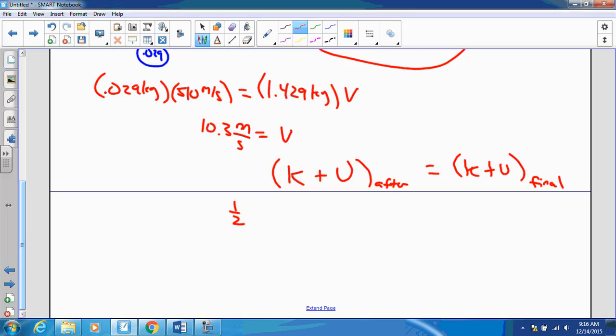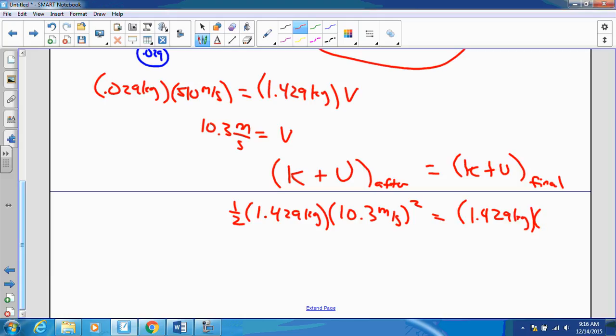So let's see, what do we have? We have 1/2 of mass times speed squared equals 0 plus mgh.